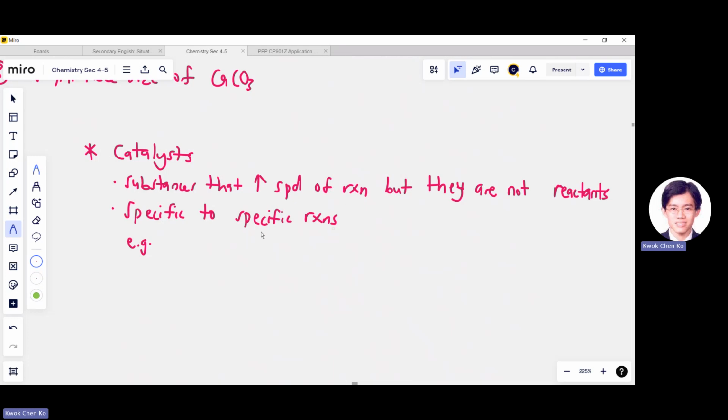For this reaction, the catalyst is iron, and you also want the catalyst to be effective. So by right, you should use iron powder. Surface area matters as well.